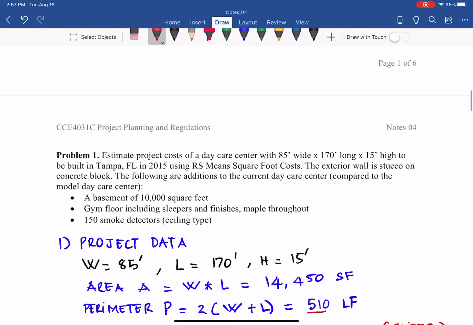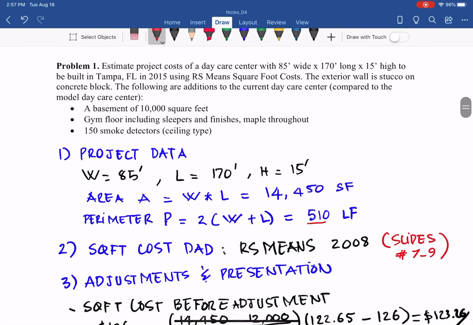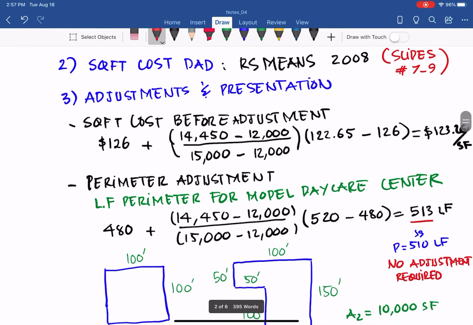Again, just for demonstration purposes, and we don't need a basement in Tampa, other than if built in the Midwest, where we may need it for tornadoes, etc. Similar for the others, I just demonstrate how to make adjustments when my new project is different from the model project.